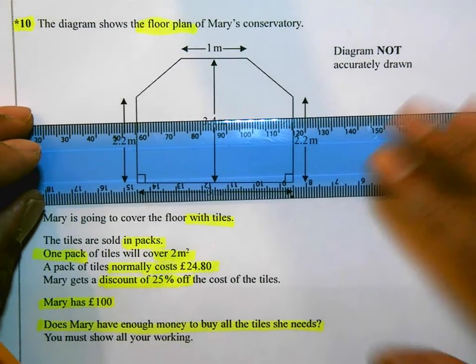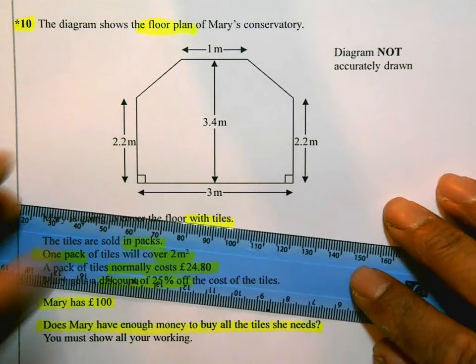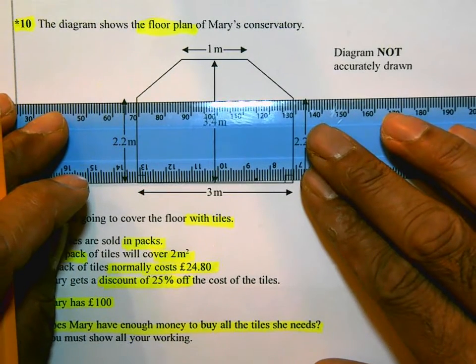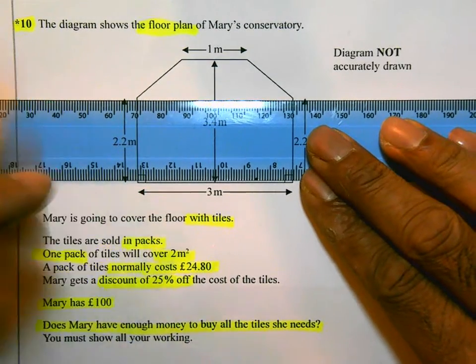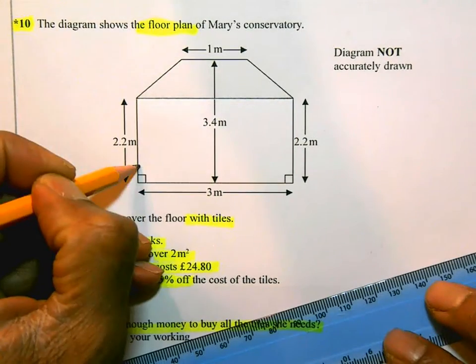Okay, so looking at the diagram itself, I'm going to split up this compound shape. First of all, I am going to split the shape across here to form a rectangle, and that's this shape here.